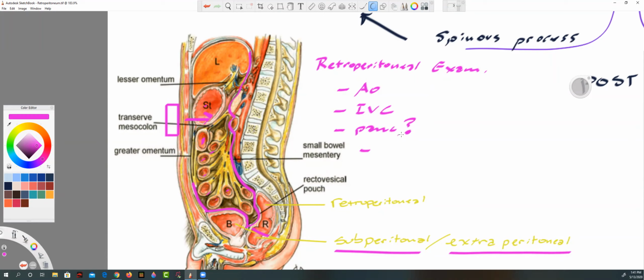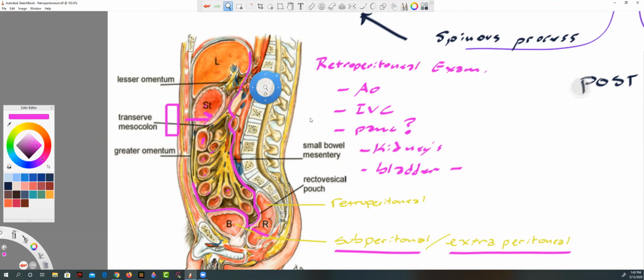If insurance companies are requiring it, you should be doing it. So we'll have to look at that, see what the ICD-10 code is for that. Aorta, kidneys, bladder. Anything else? Nope, that's it. And bladder, well, it's not retroperitoneal, but you should always do it.